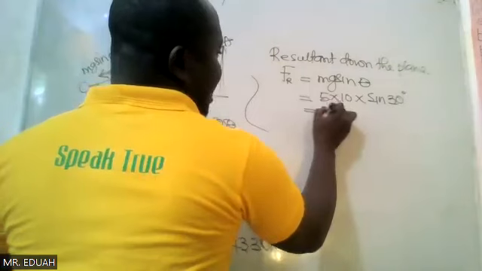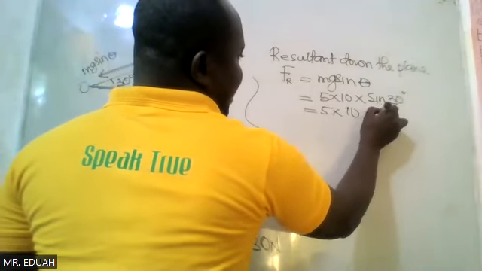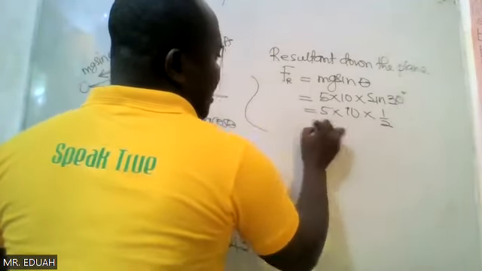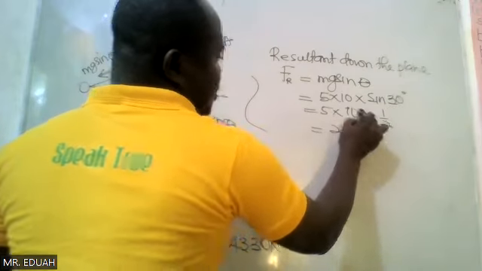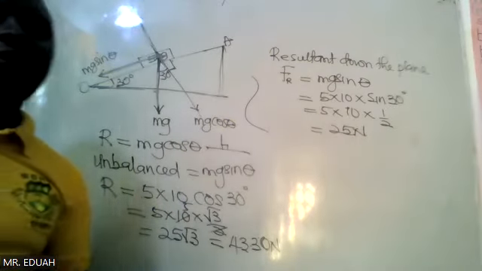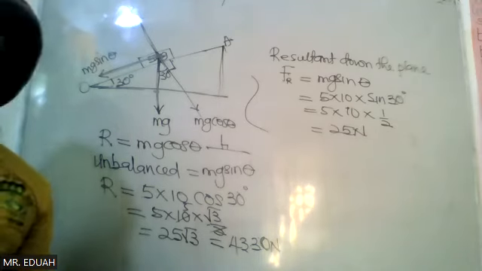And this is 5 by 10 by half. So we have 25 Newton as the resultant force acting down the plane. So simple.